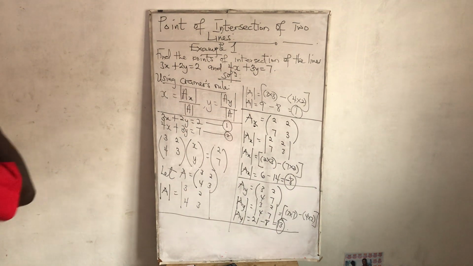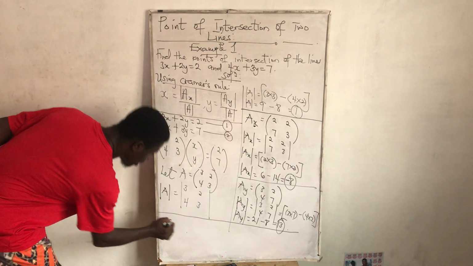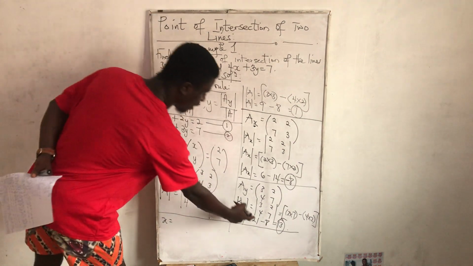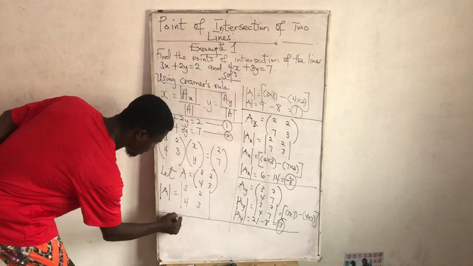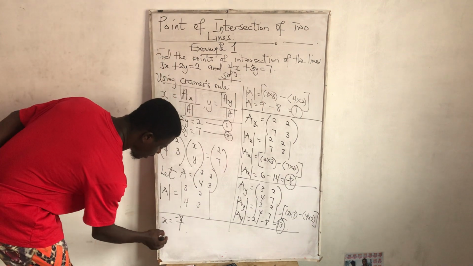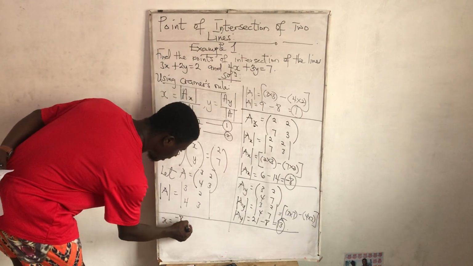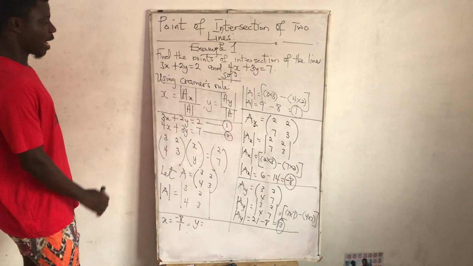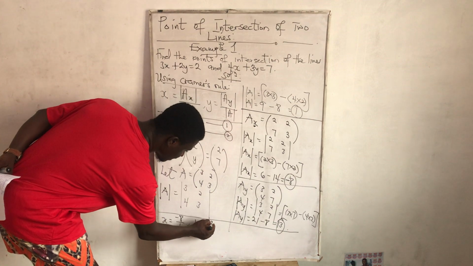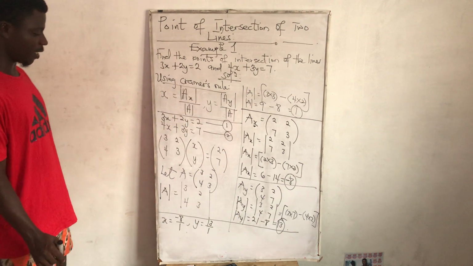So the x value must be equal to the determinant of Ax, which is negative 8, all over the determinant of A, which is 1. Then the y value is the determinant of Ay, which is positive 13, divided by the determinant of A, which is 1.